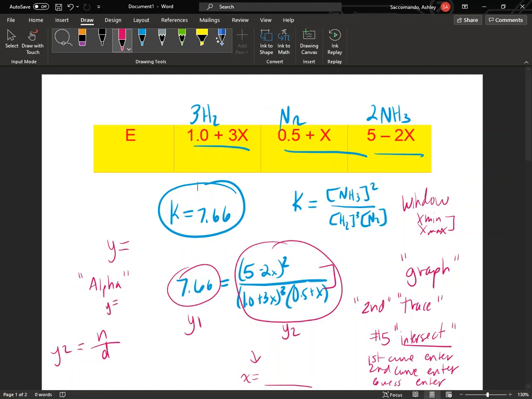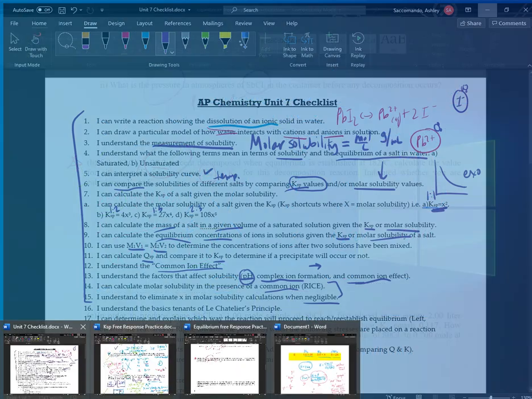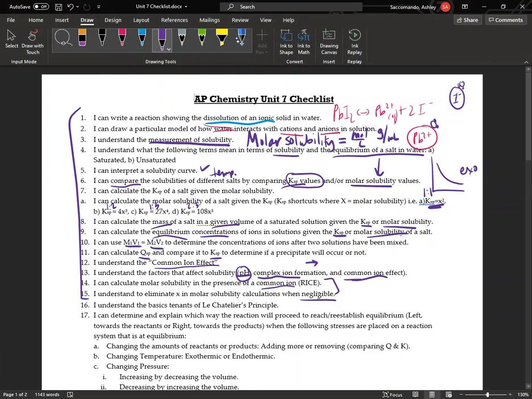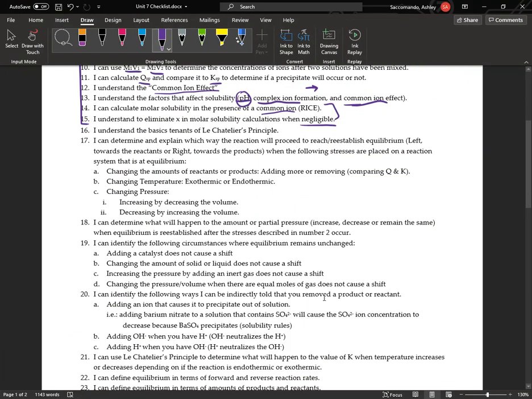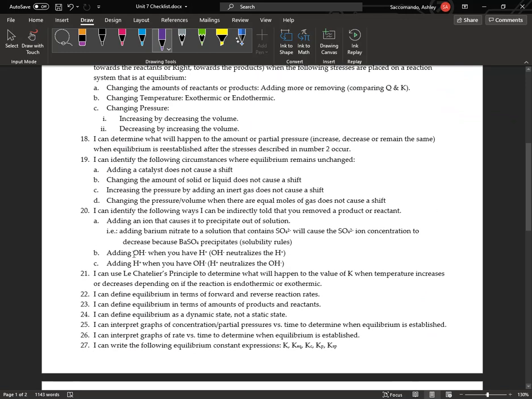One other thing I wanted to point out to you that's kind of a trick. All right, so here's the checklist. We pretty much went through Le Chatelier, so that's 16, 17. 18 is Le Chatelier, 19 is Le Chatelier. Like I said, don't worry too much about 20 because we are going to go back over adding OH when you have H, or adding H when you have OH.